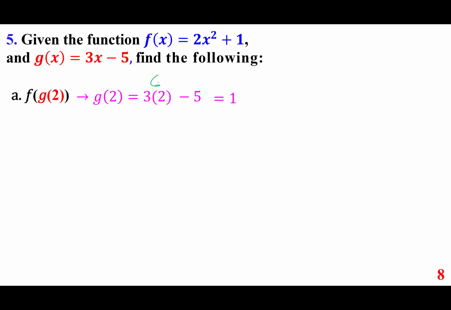Now, f of g of 2 would be f of 1, which means put the 1 into the function f. 2 times 1 squared plus 1. 1 squared is 1 times 2 is 2 plus 1 is 3.